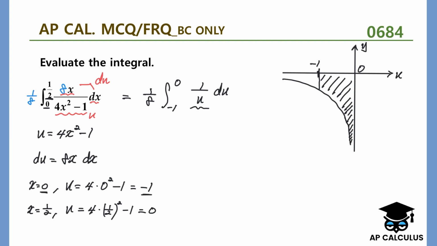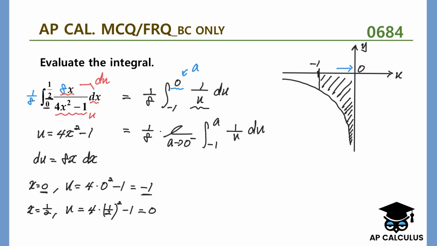So we're going to have to use limits: 1 over 8 times the limit as a approaches 0 from the left-hand side. Instead of 0, I'm going to write a. So we have the integral from -1 to a of 1 over u du.